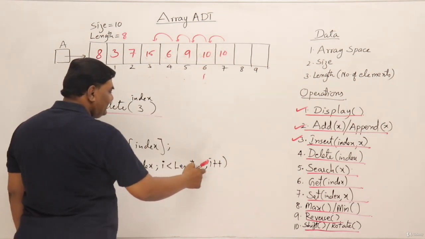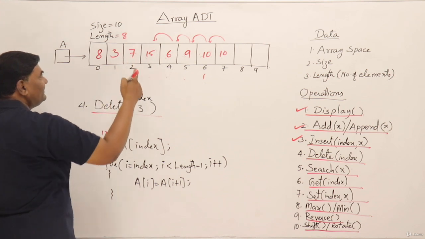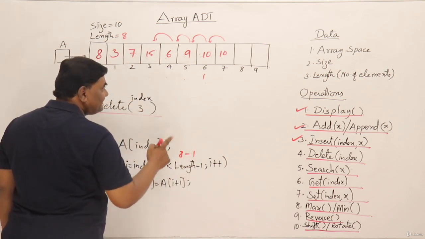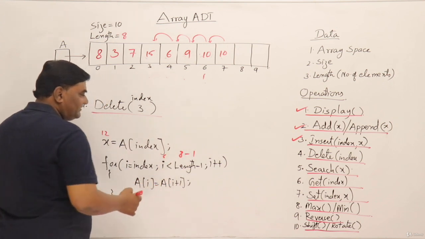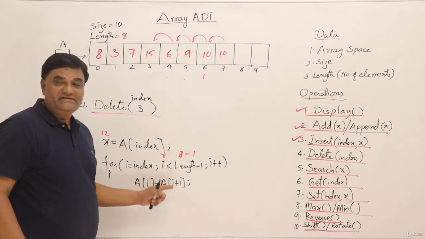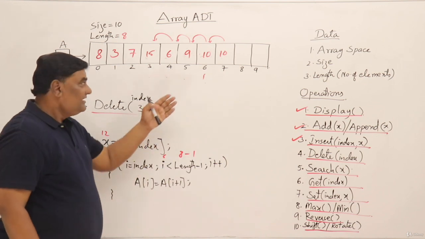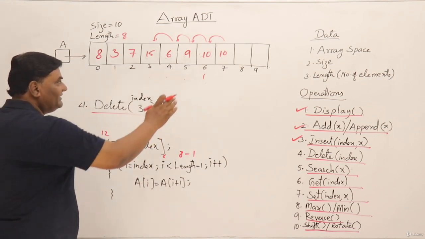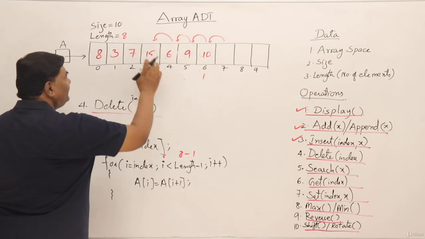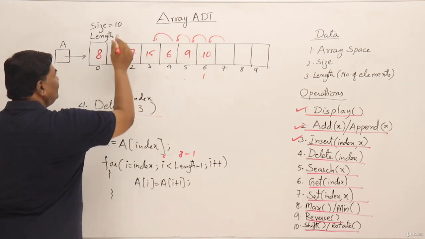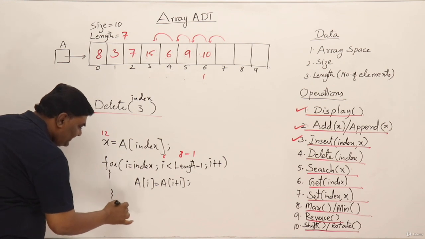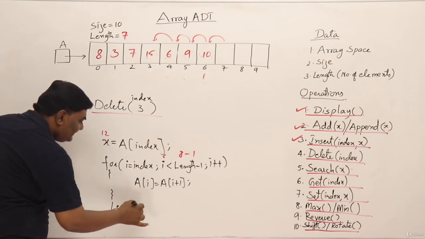Yes, I is less than length -1. Length -1 is 8 minus 1, that is 7. So I is 6 now, and 6 is less than 7. If it becomes 7, it will stop. So this has shifted all the elements, and this element is removed. Now as the number of elements has reduced, this should become 7. So here I should decrement the value of length, length minus minus.